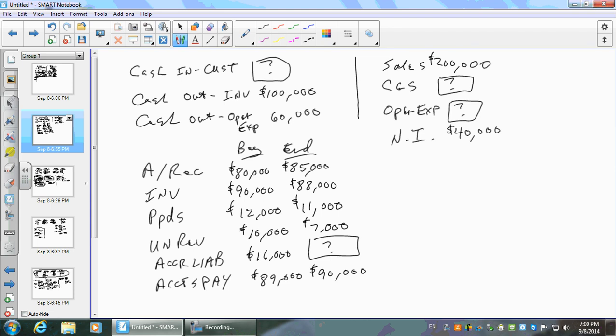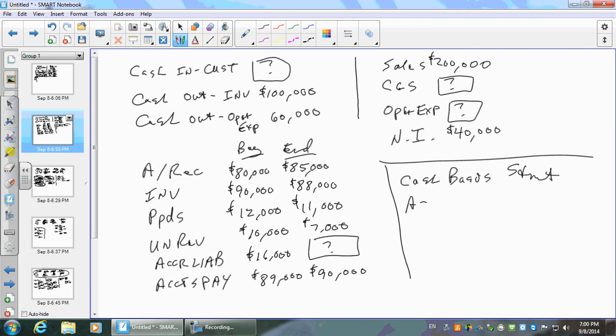I want both. I need a cash basis statement and an accrual basis statement. 1, 2, 3, 4. I think you can do that. If you're working and it's impossible, drop me a note. So a cash basis statement and an accrual basis statement. Thanks for asking.